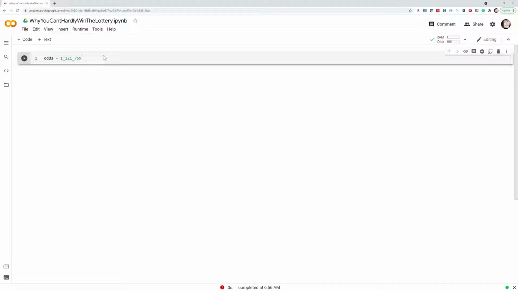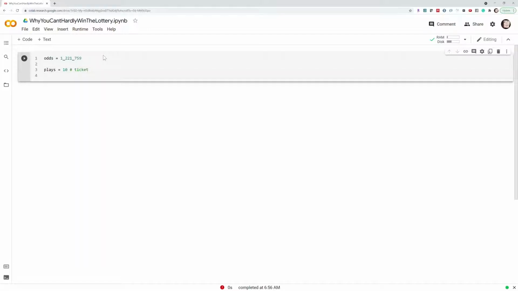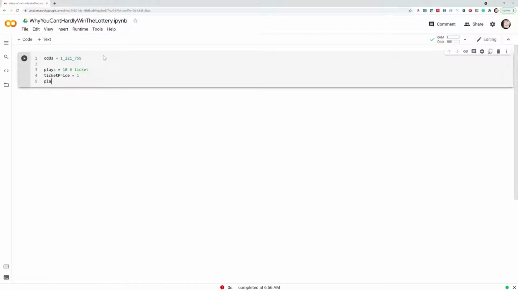Okay, so in Python you can separate the number by an underscore. And then we're gonna play, let's say, 10 tickets. The ticket price is $1 per ticket. Let's say you play every single day.